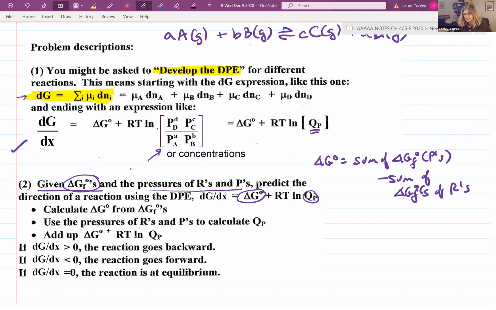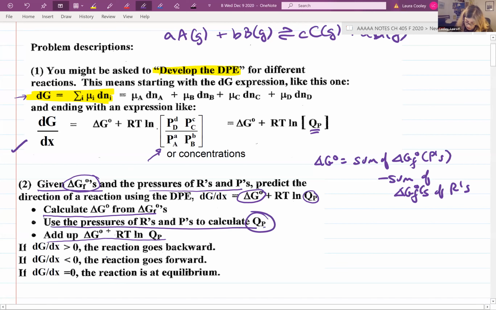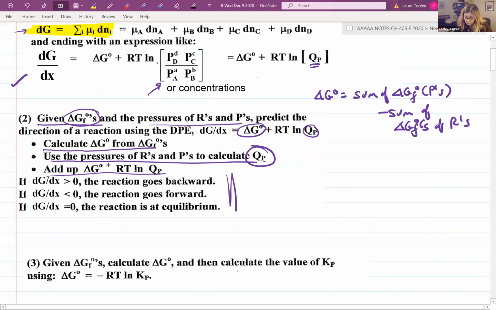And if you get a dG dx that's negative, the slope is negative, which means to increase the extent of reaction would be decreasing the G. And so the reaction would go forward. So this just tells you what you would do. You'd calculate the delta G using these pressures, you'd calculate the Q, add them up, and then these are the conclusions that I just told you.